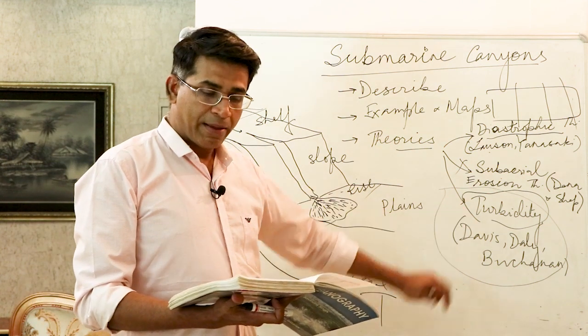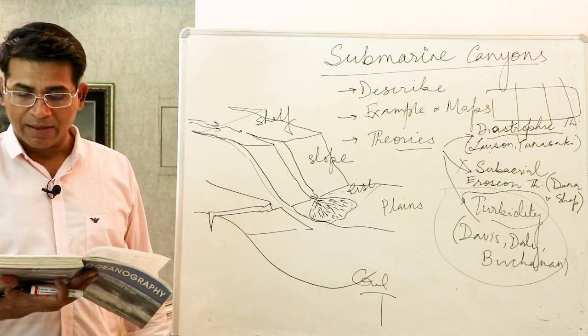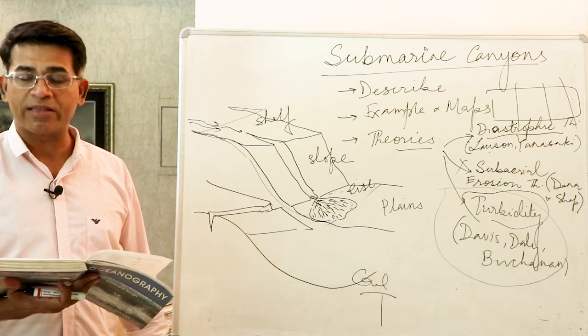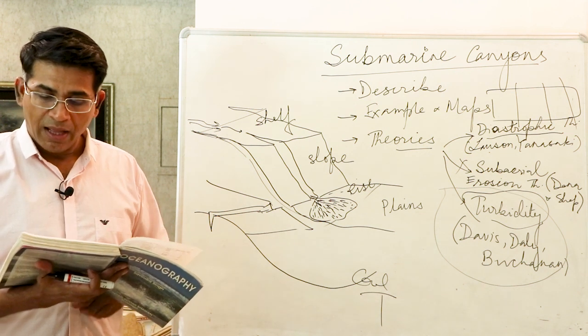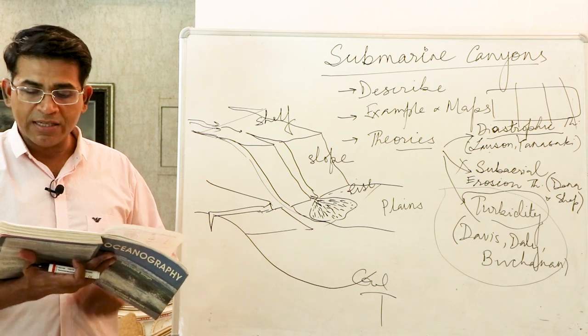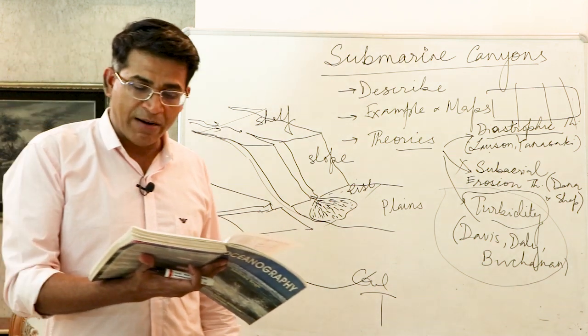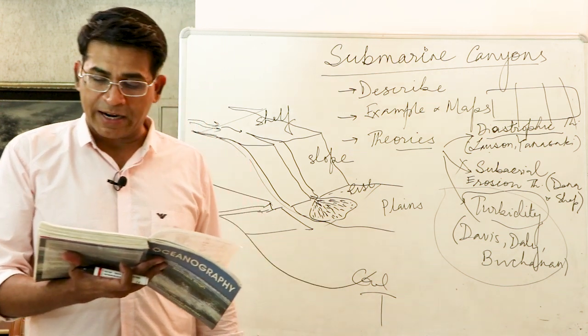And finally, page 69, we have the turbidity current theory by Davis, Tangier, Smith, Daly, Buchanan. Look at the 9th, 10th line, it says, these undercurrents bring fine material in suspension, and so they are called turbidity currents.